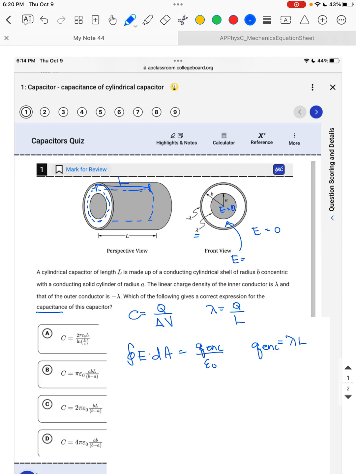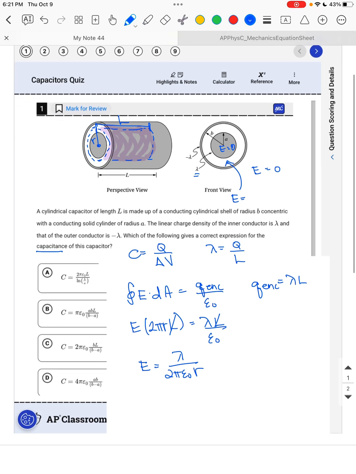The area is going to be this curved surface on the outside, not the end caps. So that equation is 2 pi R L with this inner radius of R. And Q enclosed is lambda L over epsilon naught, which allows us to reduce. And now we've got an electric field which is inversely proportional to R, which is what we expect for the electric field on a cylinder.